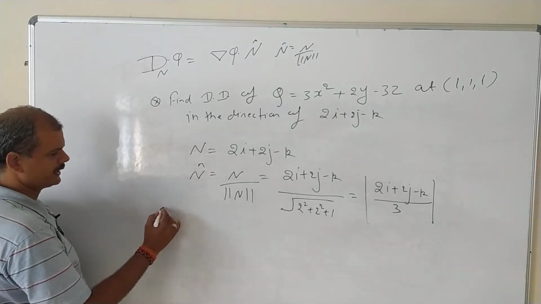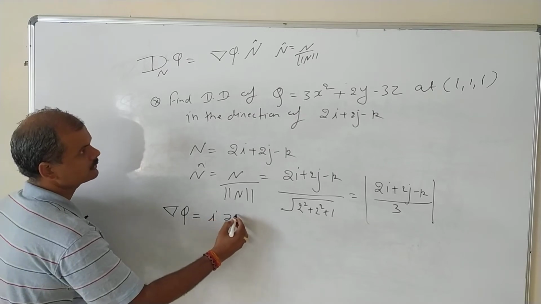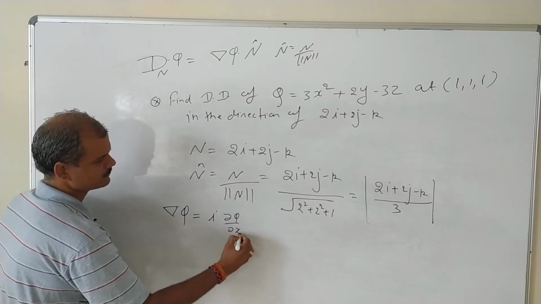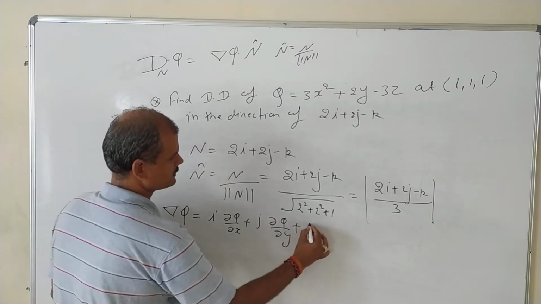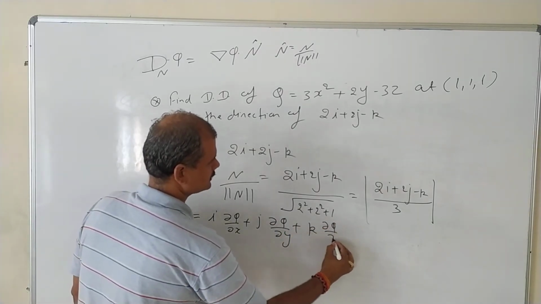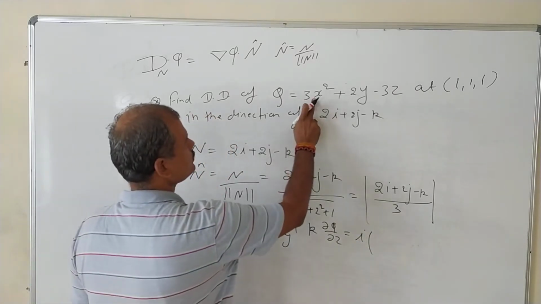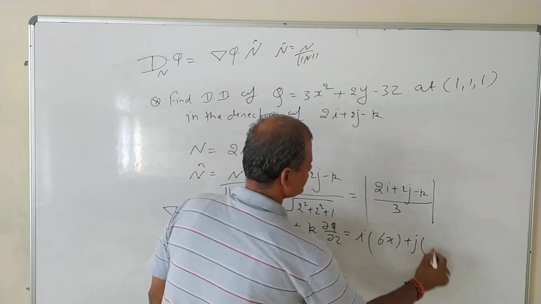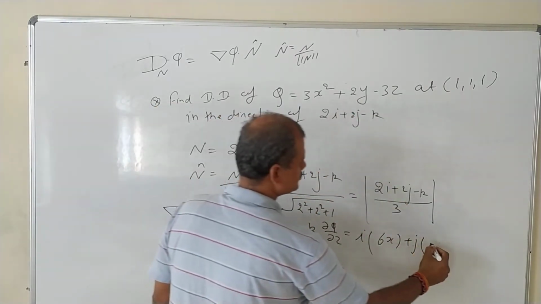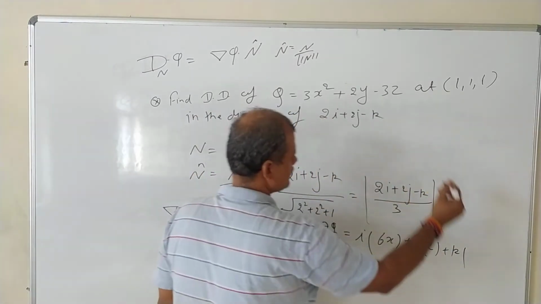Okay, now the gradient of phi. Gradient of phi will be i del phi by del x plus j del phi by del y plus k del phi by del z. So i times del phi by del x, that means 6x, plus j times del phi by del y, which is 2, plus k times del phi by del z, which is minus 3.